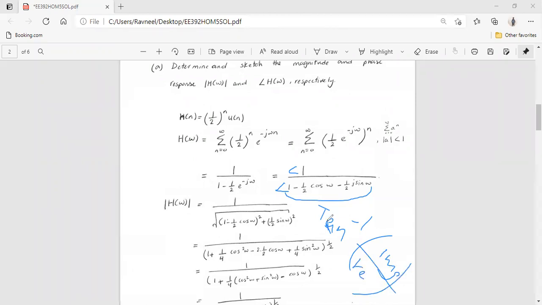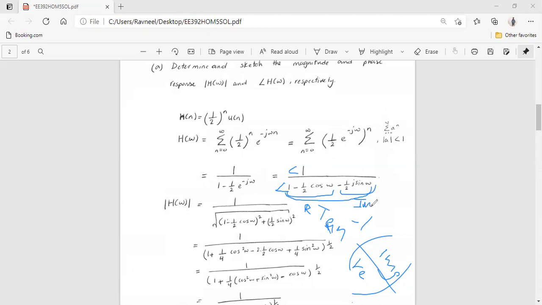So in this particular case, the imaginary value is half sine omega, right? Sorry, it will be negative half sine omega, that will be your imaginary value, and your real value will be 1 minus half cos omega. This is your real value, and this is your imaginary value.